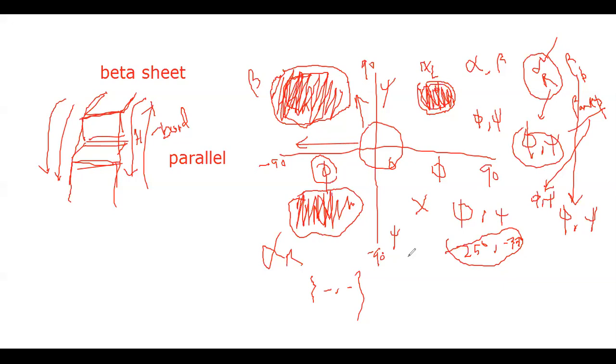So this is a very important plot which you have to match once you have a protein structure. Whether you model a protein structure or whether you get a protein structure from PDB, just check once that your protein structure complies with the Ramachandran plot.